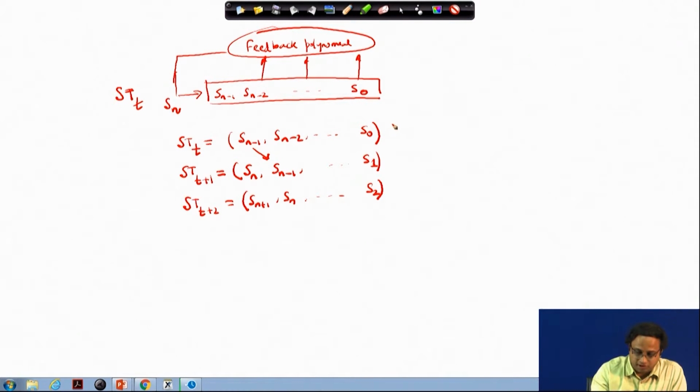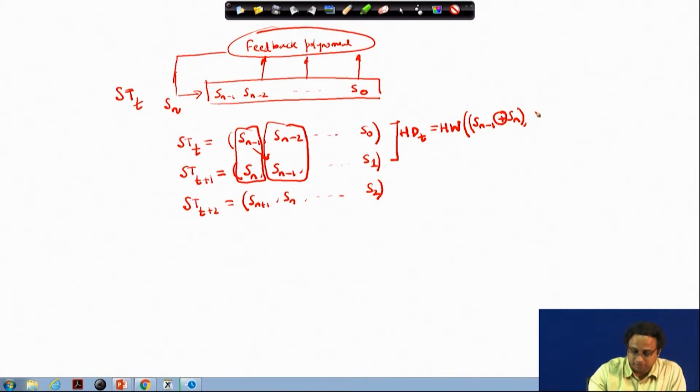Therefore, from here we can calculate the value of HDT, which, as we have discussed, is the Hamming weight, because it is the Hamming distance between those two states. It is the Hamming weight of Sn minus 1 XORed with Sn, then Sn minus 2 XORed with Sn minus 1, and finally S0 XORed with S1.